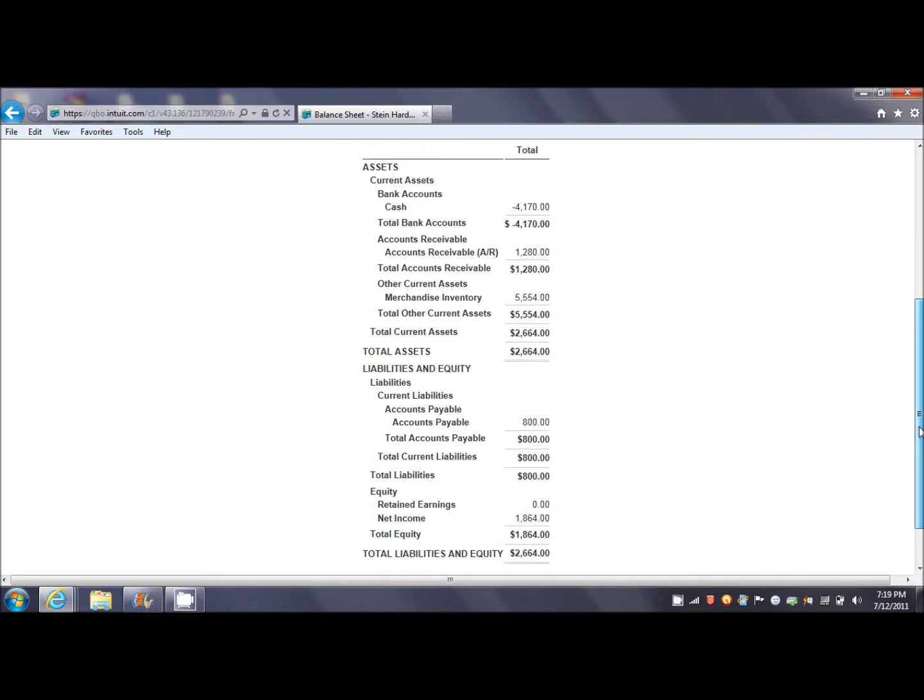And this is a partial balance sheet because according to the assignment, we did not enter any common stock or retained earnings, so what you see here is 0. We do have assets and we do have liabilities, and when you see the total liabilities and equity, you see 2,664, which equals total assets, 2,664.